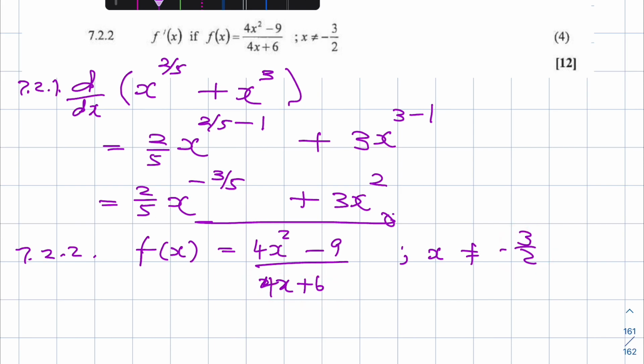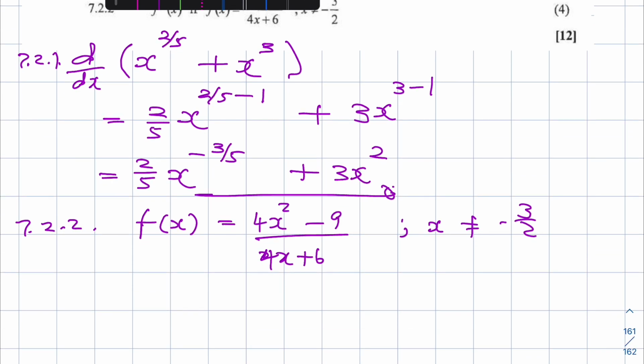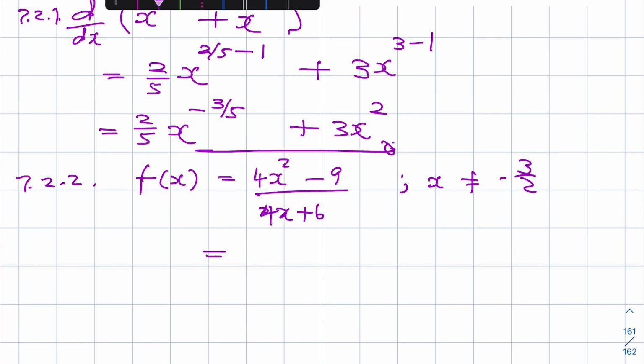Now what you need to look at, you have a numerator that has 2 terms and a denominator that has 2 terms. So here I think the best thing is to factorize. The numerator is a difference of 2 squares, so you open 2 brackets, which should give you (2x plus 3)(2x minus 3).